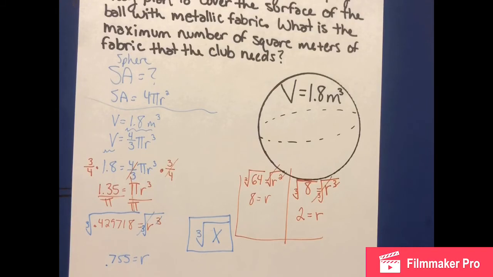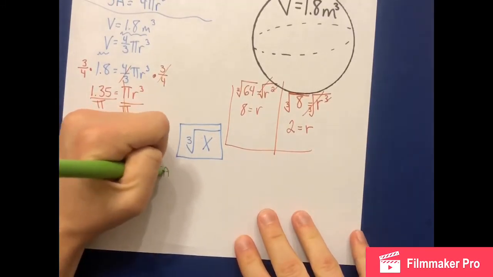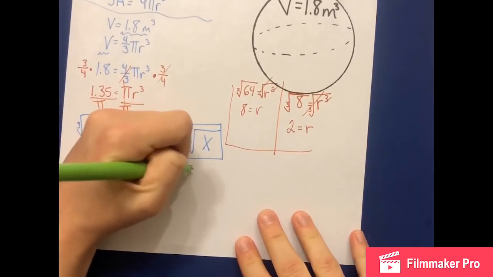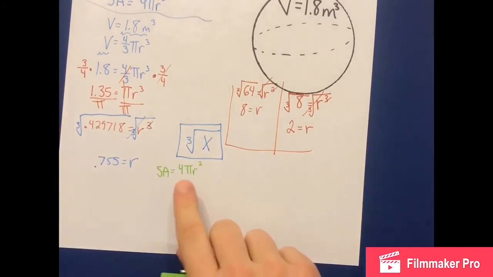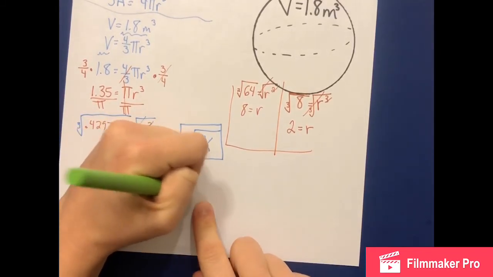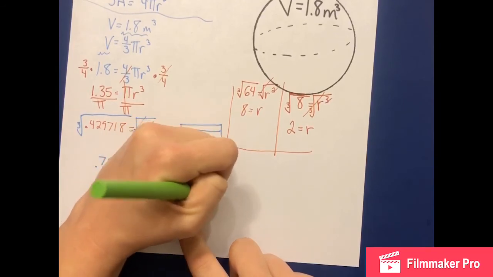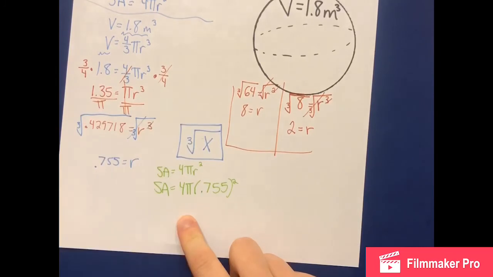It doesn't really matter. Let's go back into surface area. So now that we have this, I want to go into my surface area because that's really what I want. Okay, so I have surface area equals 4 pi r squared. I'm going to plug this r into here. I get surface area equals 4 times pi times 0.755 squared.